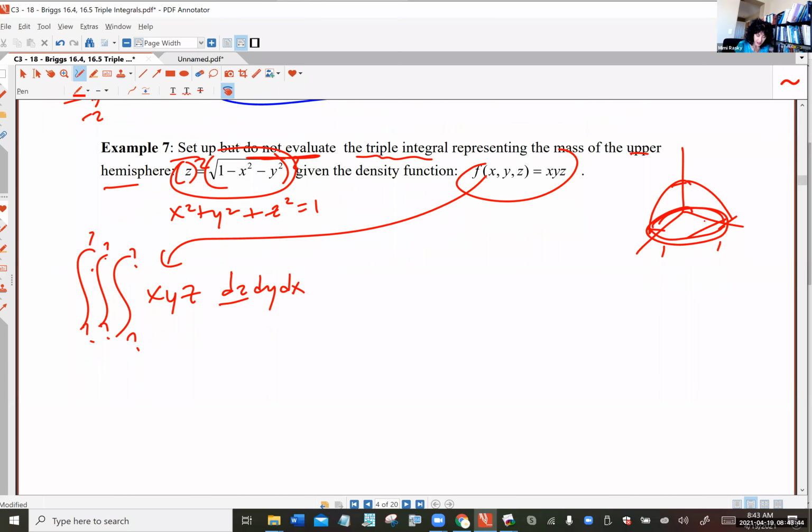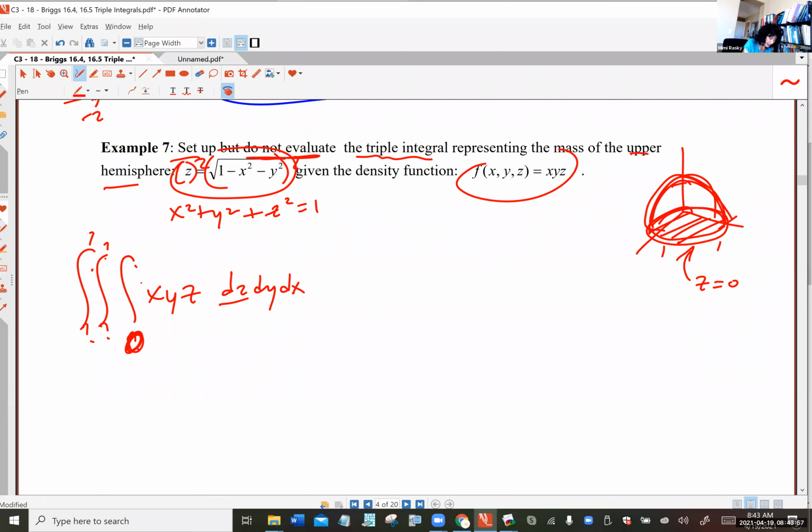Since the lowest that z gets is the xy plane, that would be z equals 0. The capping surface is as high as z gets, and they gave you the capping surface. That's the square root of 1 minus x squared minus y squared, the hemisphere equation, basically.